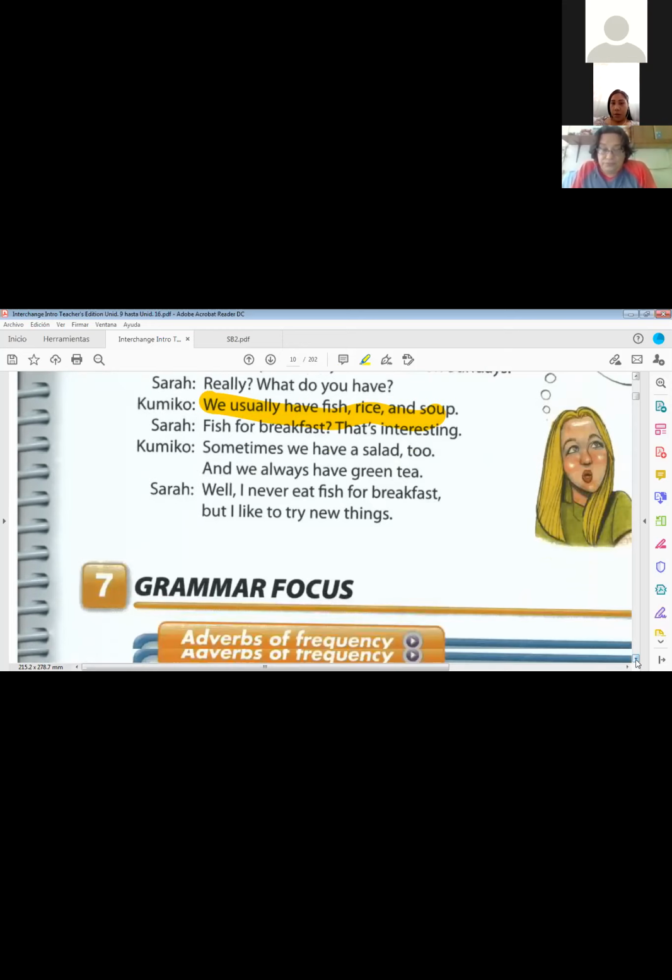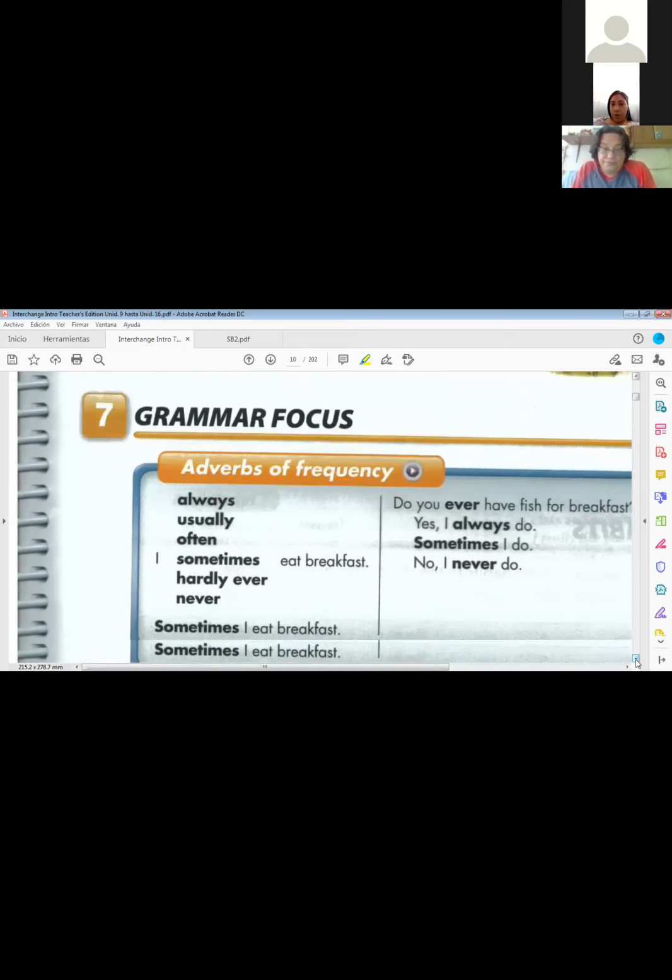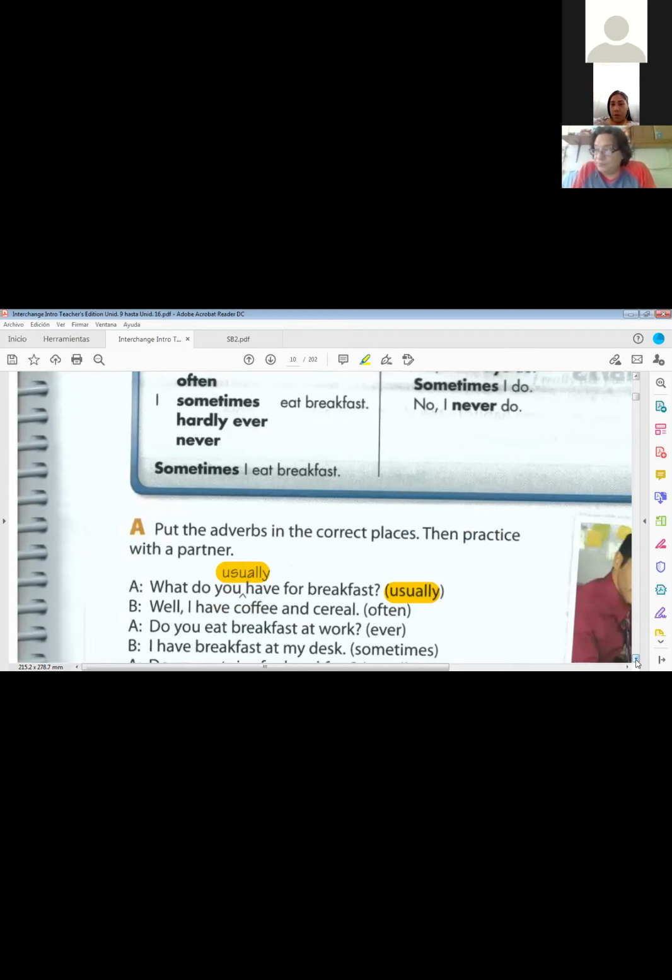So in the sentence, I, subject pronoun, and then what goes after that? Often. So I say I often have. Good. And that's how you continue.